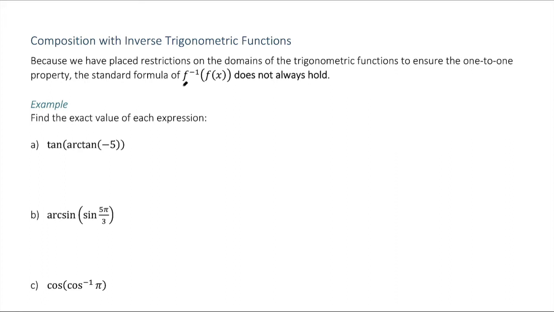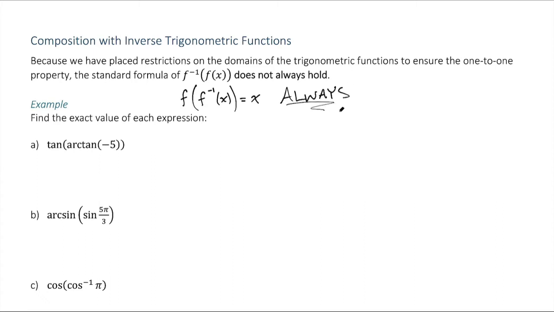So this property here in particular is the one that's not always going to hold. F inverse of f of x. This normally is equal to x, okay? But it will not hold within trigonometric functions, okay? However, this will always equal x. Always.